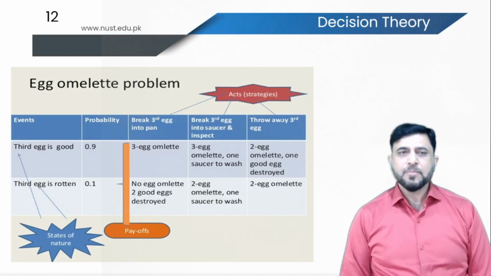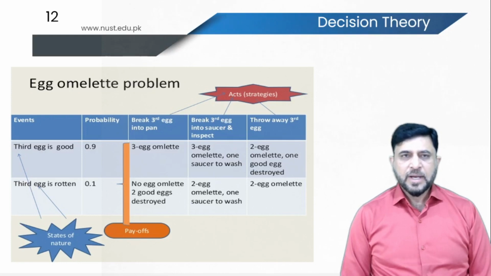There are only 2 possibilities which are out of your control, because they are states of nature, and we have probability assigned to it: that the third egg is good is 0.9, and the third egg is rotten is 0.1. And if you break the third egg, what will be the result?